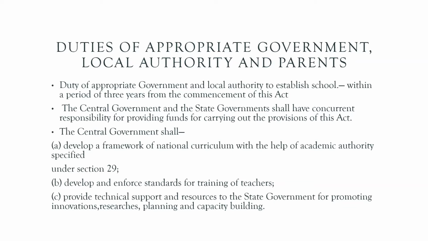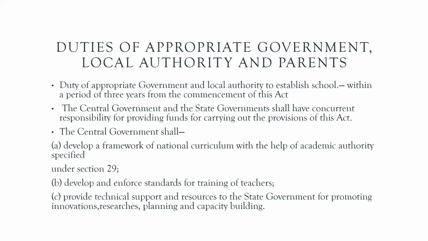Now, something that we should also know is that this act came out in 2009. When it came out, it brought about the duty in the act itself to ensure that, from the enactment in 2009, within a period of 3 years, schools should have been established in places where there are no schools.